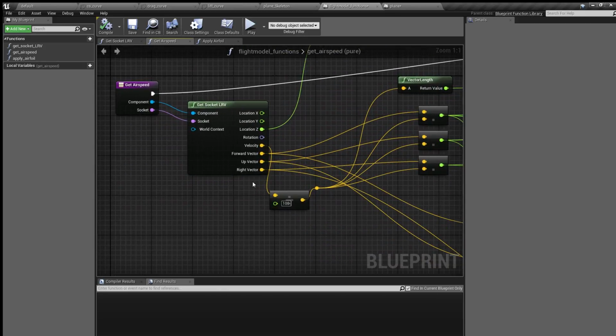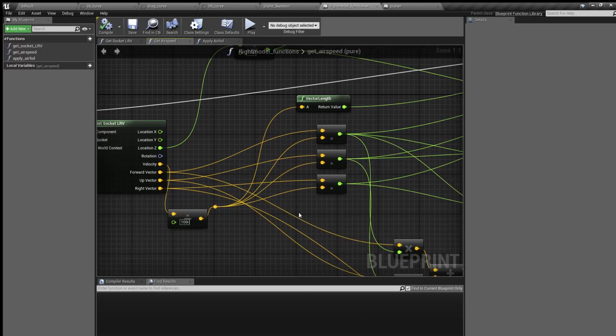Here I'm dividing the velocity by 100. This is because in Unreal Engine, a single Unreal Engine unit is 1 centimeter or 1/100th of a meter. However, the mathematical formulas I found were in meters and newtons and so on, so I divided by 100.